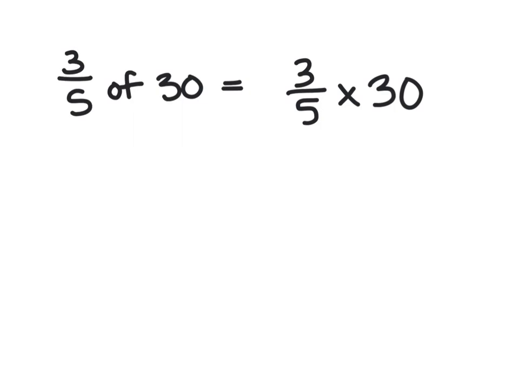So if you are asked to find 3/5 of something or 3/5 times something, just remember inside your head that it's the same thing. I want to show you another shortcut for how to find 3/5 of 30 when you use multiplication.